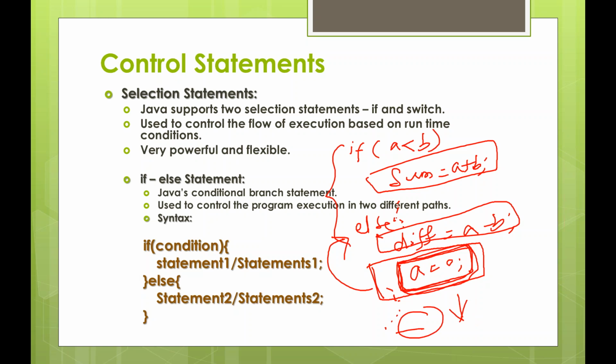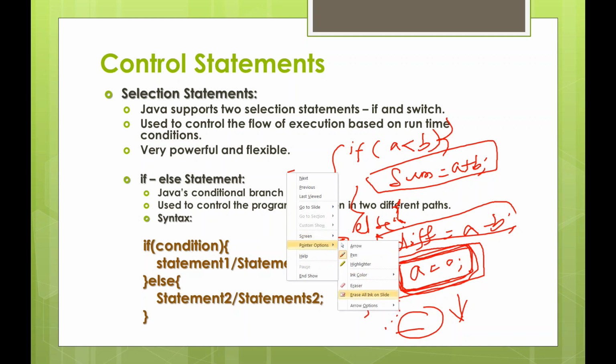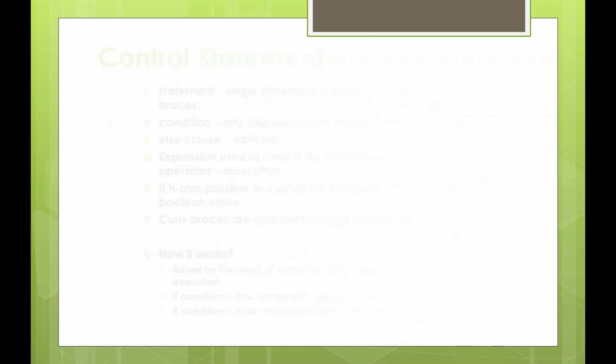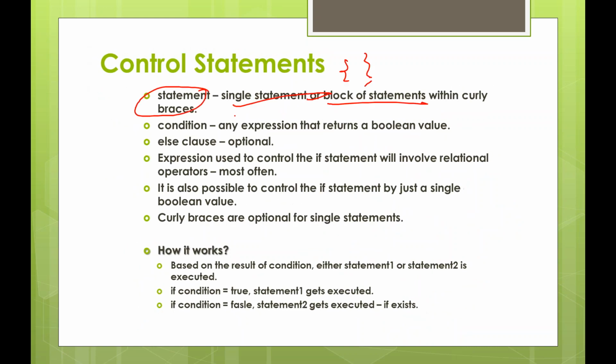That is why, in order to avoid all those kinds of confusions or forgetfulness, even if there is a single statement, we'll include it in curly brackets. It's a good practice to include curly brackets, or include them in a block, even if there is a single statement.